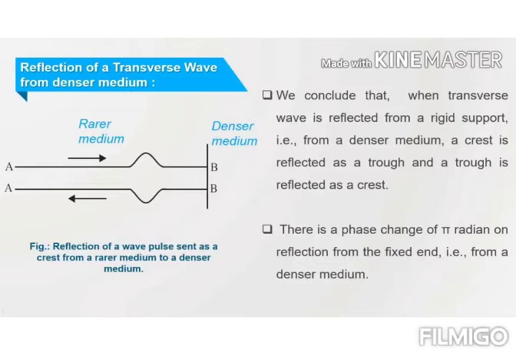Similarly, when the crest reaches B at the rigid support, it tries to pull the point B upwards.